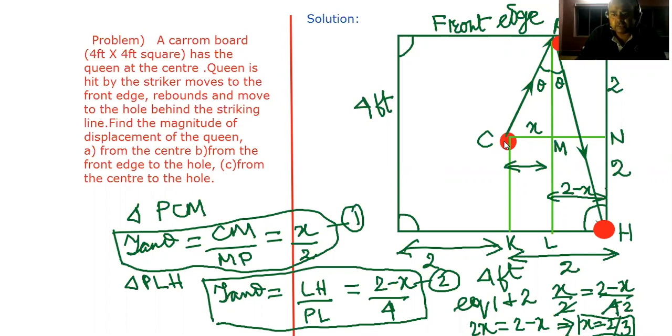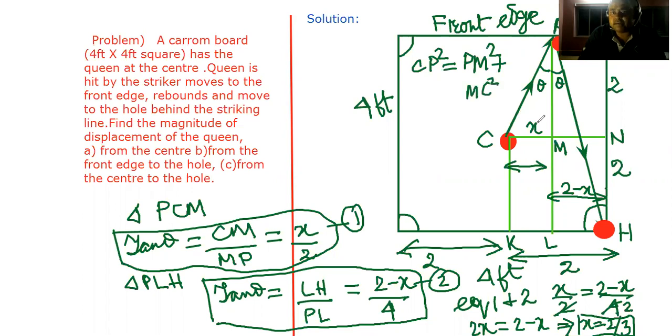CP square is equal to PM square plus MC square, isn't it?